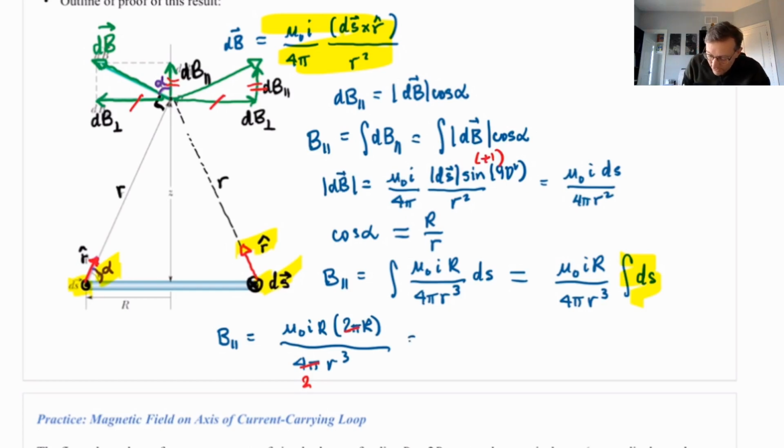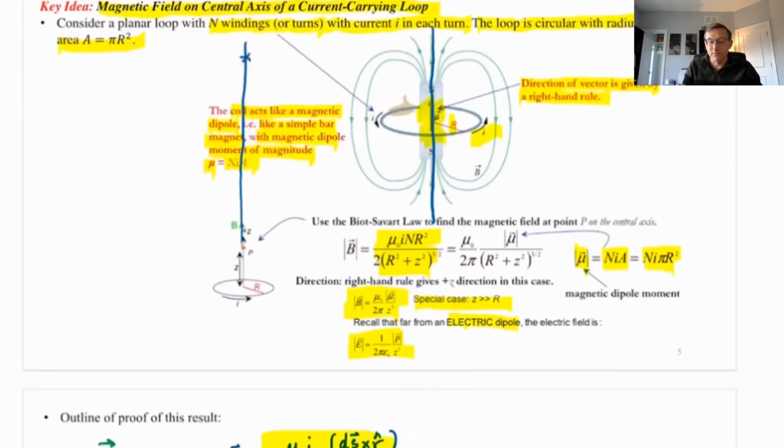So this expression is mu 0 I big R squared over 2 times big R squared plus z squared to the 3/2. And that is that formula right there. Okay? So we can use that.